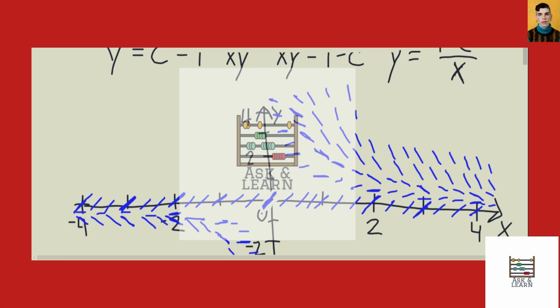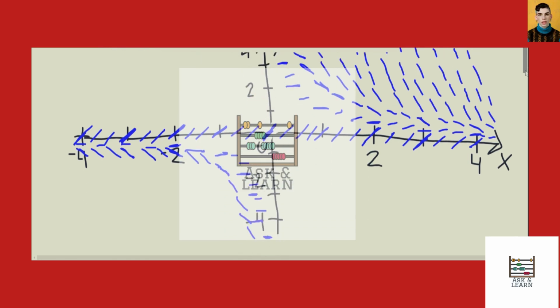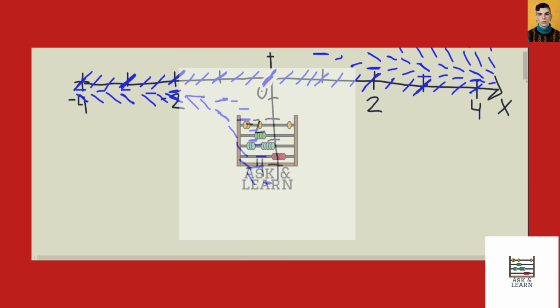And this is just an approximation, not the exact slope field, but it gives us a good idea of what's going on. Likewise, as we get further away from the origin in the third quadrant, slopes are still getting more and more negative.